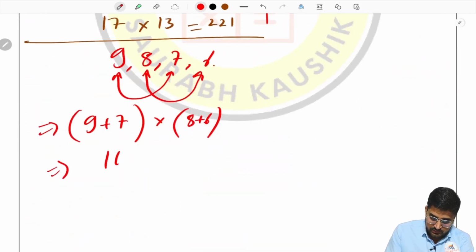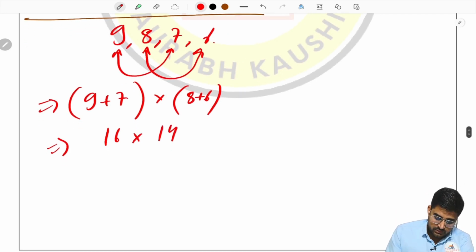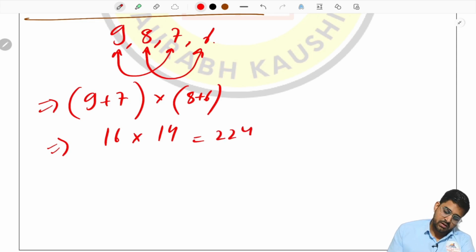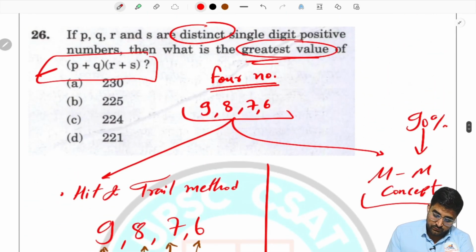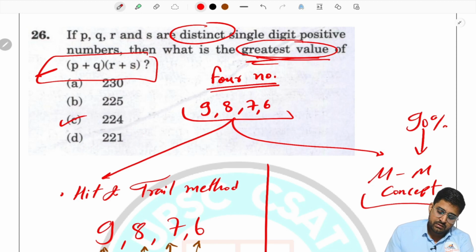This is 16 multiplied by 14, which comes as 224. Is 224 greater than this? Yes.